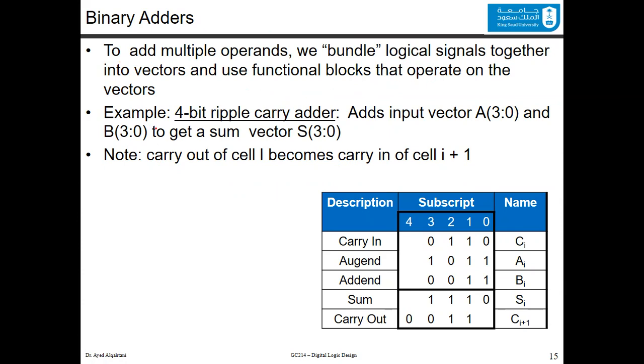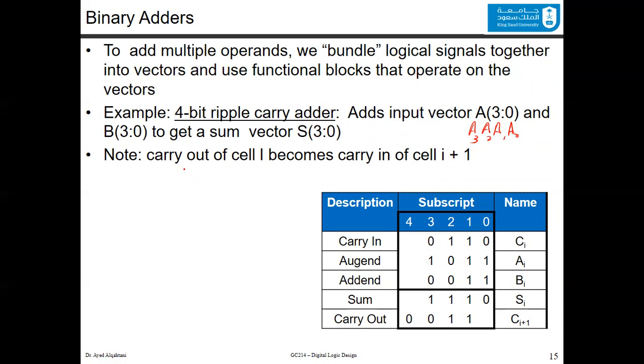As an example, we will design a 4-bit ripple carry adder, which adds an input vector A from 0 to 3, meaning now A has A0, A1, A2, and A3. This is 4 bits. And also the same way for B from 0 to 3, and we generate a sum vector from 0 to 3.